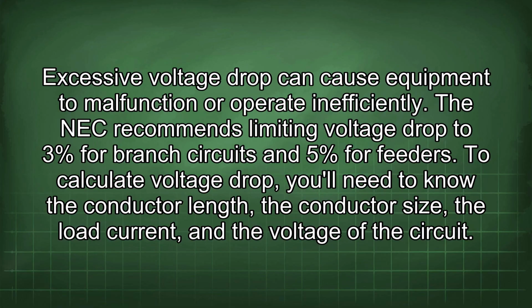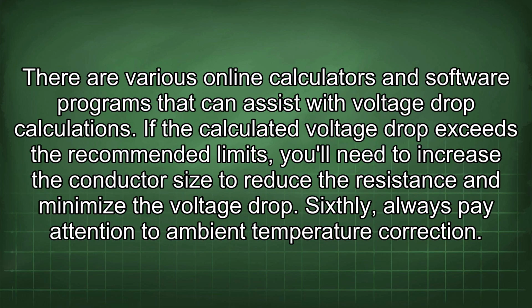To calculate voltage drop, you'll need to know the conductor length, the conductor size, the load current, and the voltage of the circuit. There are various online calculators and software programs that can assist with voltage drop calculations. If the calculated voltage drop exceeds the recommended limits, you'll need to increase the conductor size to reduce the resistance and minimize the voltage drop.